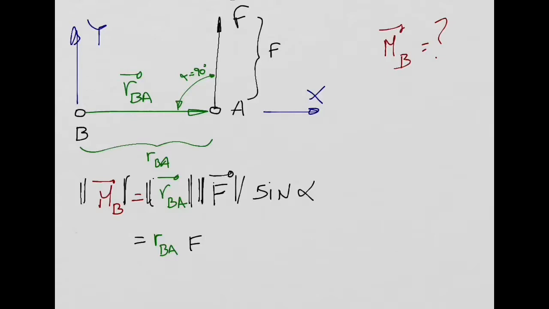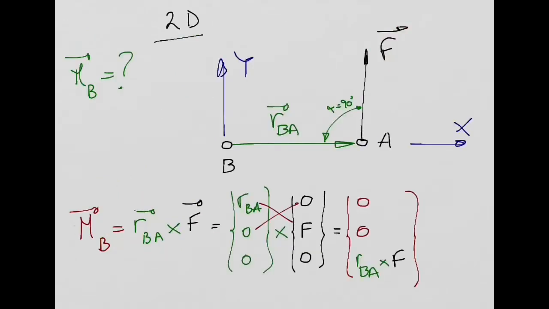So this is what I get for the norm of my moment, right? And you can see that this result, RBA times F for the norm, is exactly the same as the one we obtained here. RBA times F is the same, isn't it?